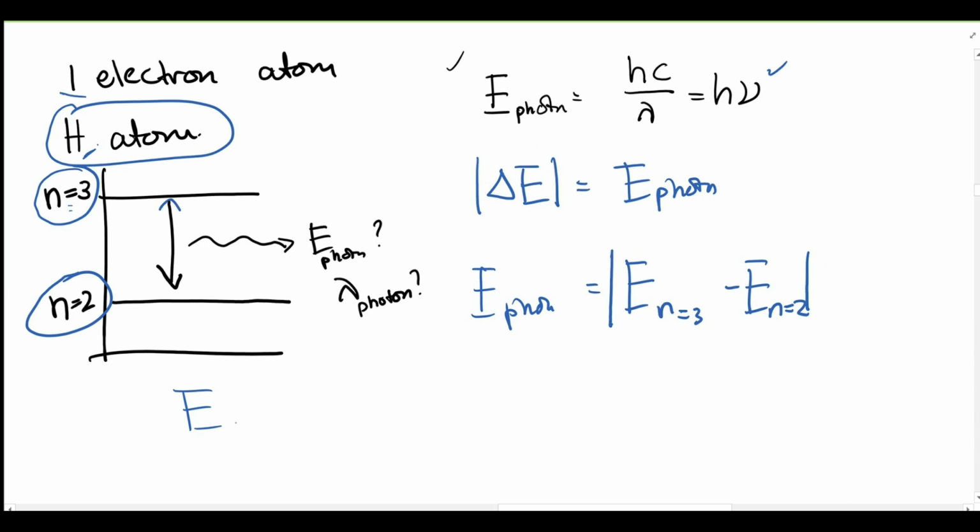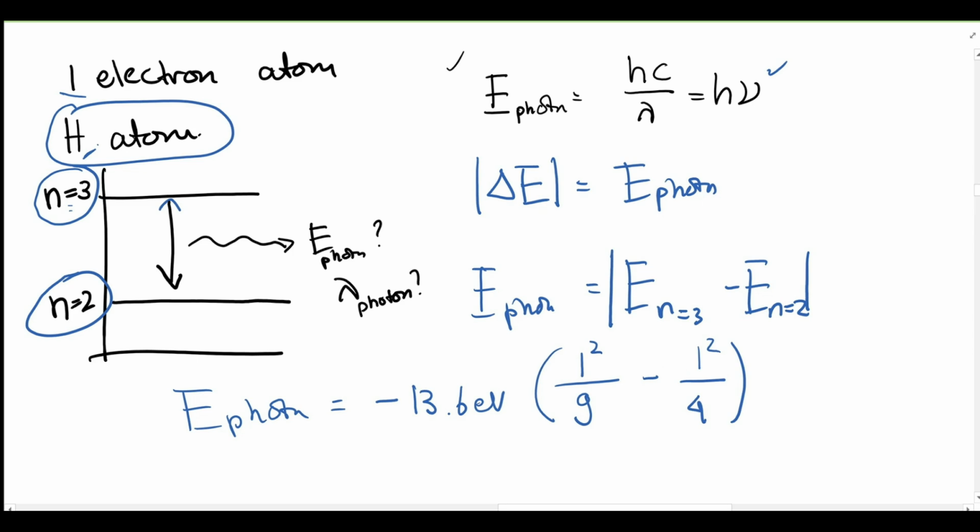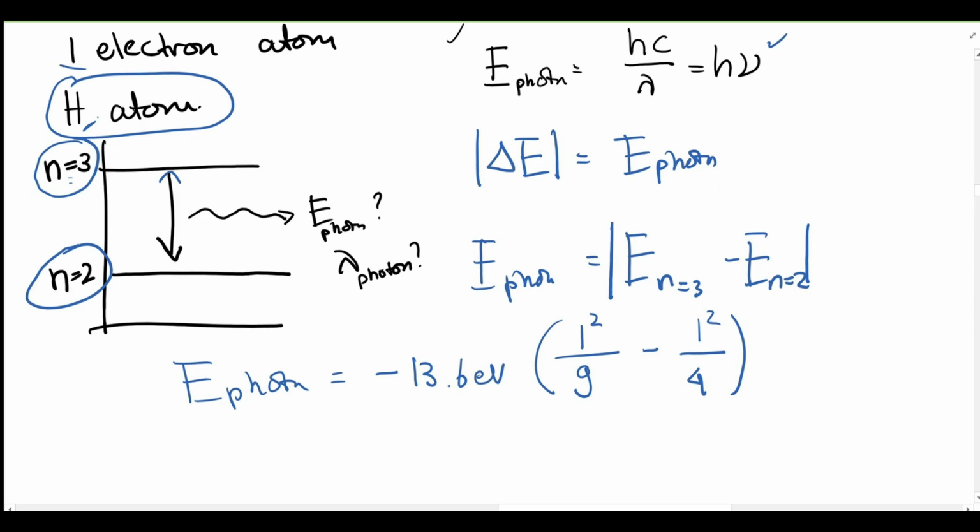So the energy of the photon is going to be, I'm going to factor out the negative 13.6. It's going to be 1 squared divided by 9 minus 1 squared divided by 4, because that's 2 squared. And if we do the calculations, we should get in the end times 13.6.